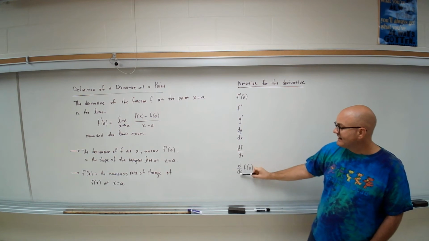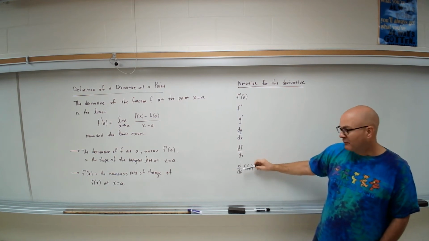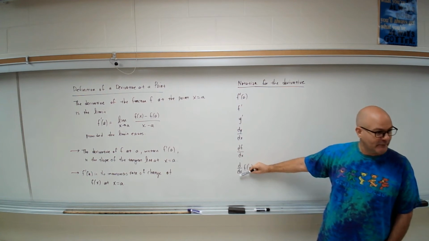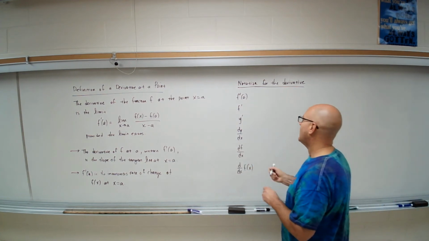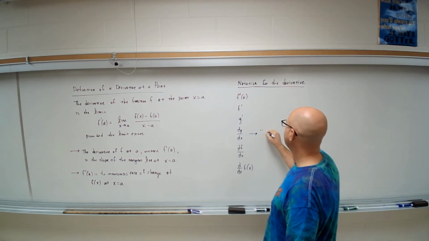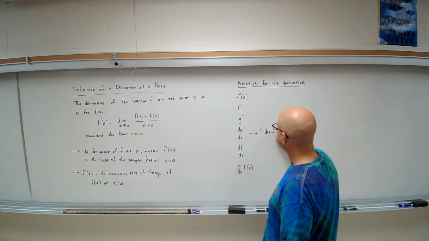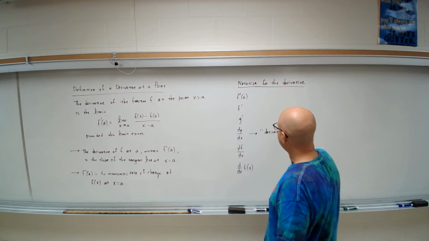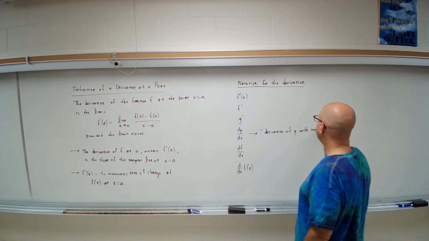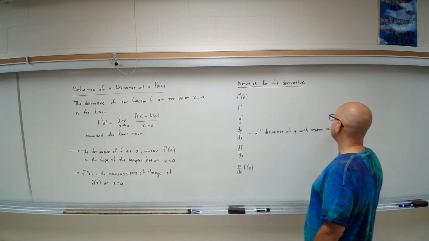Sometimes you'll see the d dx out here. This still means the change in f of x with respect to x is how we read this. So this one, you could just read as dy dx, but probably better is the derivative of y with respect to x.